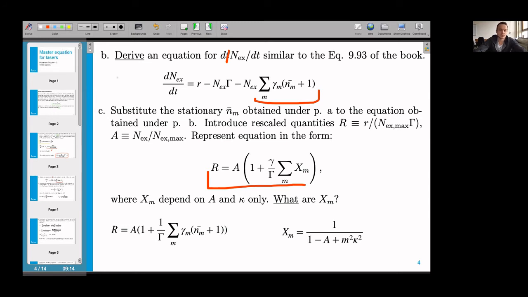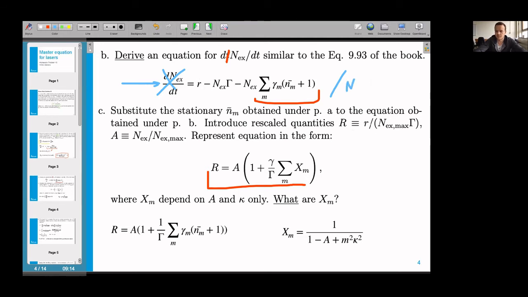Here I do not perform all the algebra that is needed, but one can see quite easily. Let us look at this equation in question B. This term will be equal to 0 for the stationary solution. Then what we need to do is to take the whole equation and divide, for example, to obtain the quantity R. We see that we have an R here.